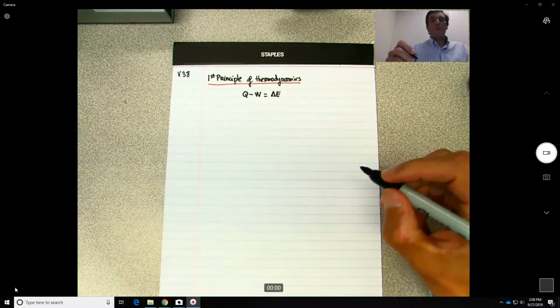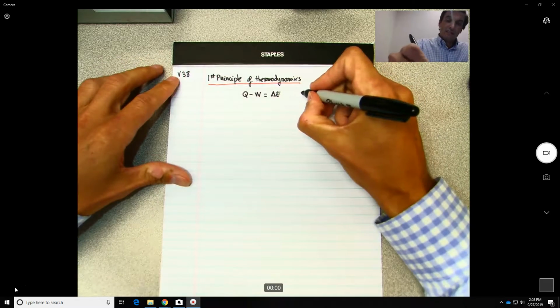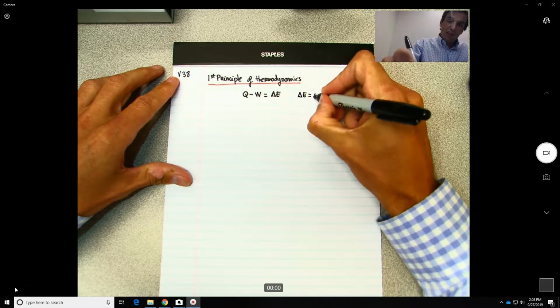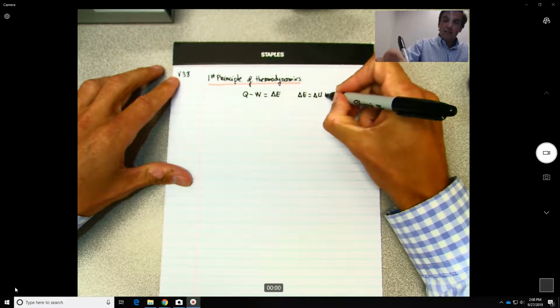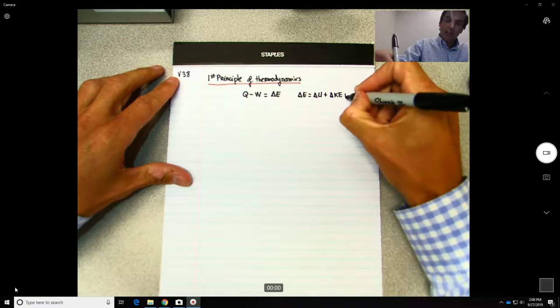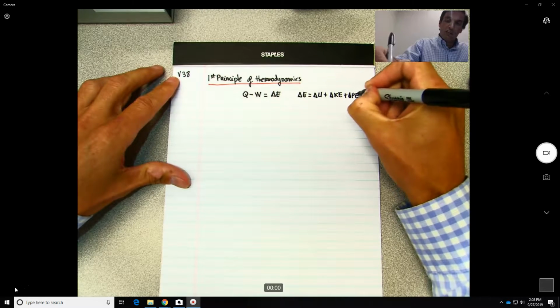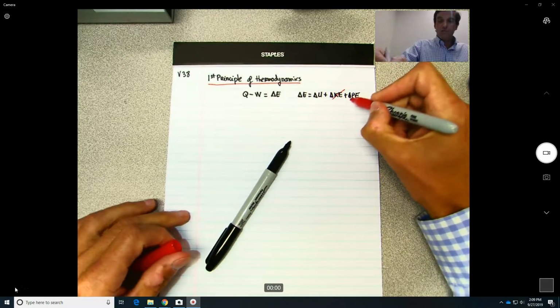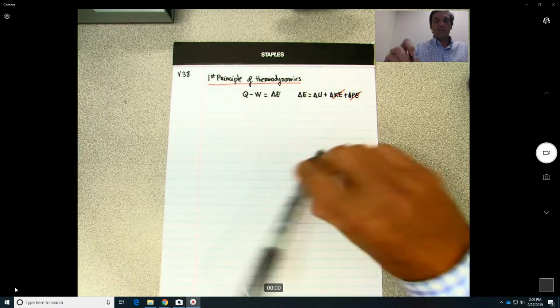In most instances, we say that the change in energy is the change of internal energy plus change in kinetic energy plus change in potential energy. But in most cases, let's say we neglect these two, the potential and kinetic energy.